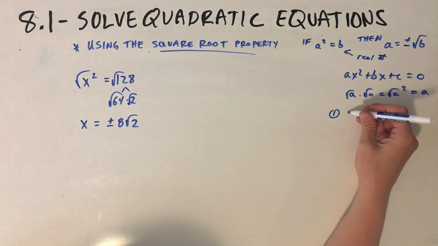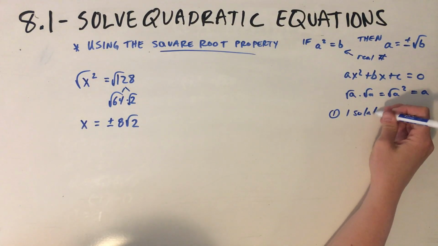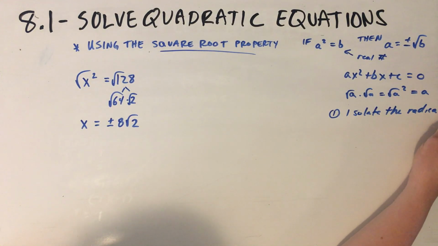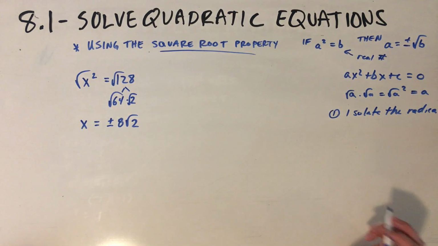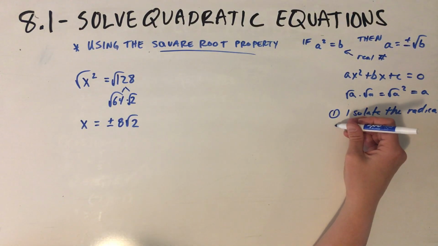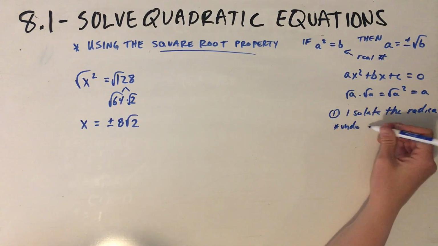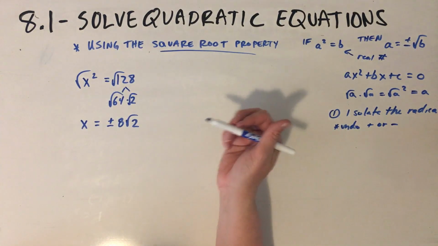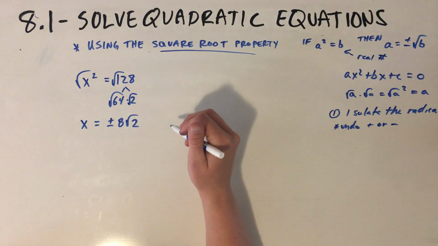So what we want to do here when we're using the square root property is our first step will be to isolate the radical. Again, back to our solving equations. Isolate just means I'm going to undo any addition or subtraction connected to that radical. So what do I mean by that?